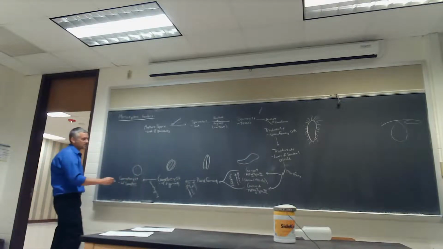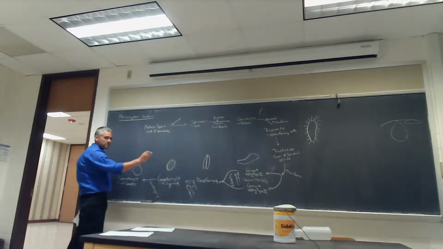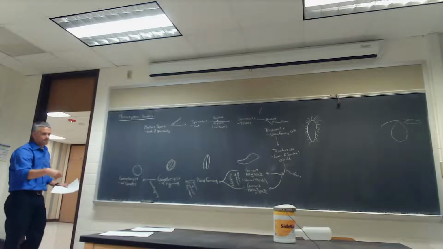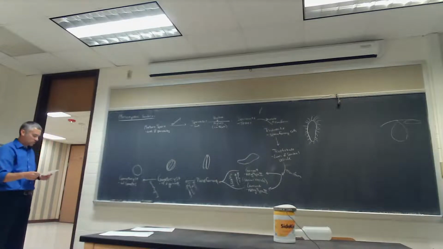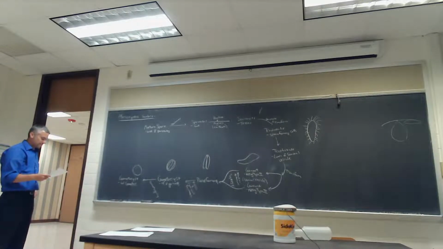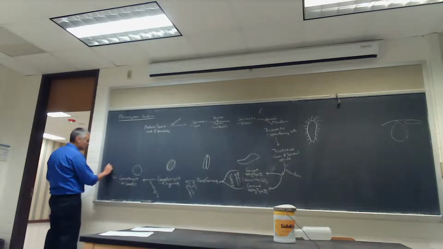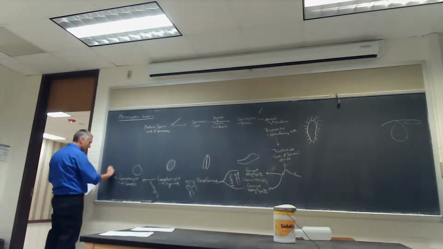Because what's going to happen is that one of these will form the male gametes, the other one will form the female gametes, but we can't tell which one's going to happen. We don't know which one's going to happen. And then, once we have these gametes inside, we will have fusion of the gametes.